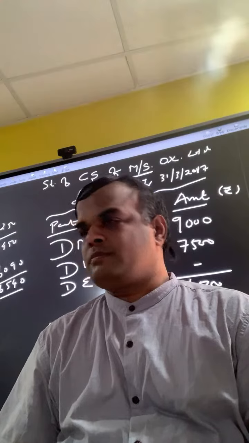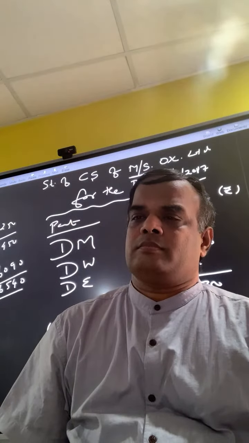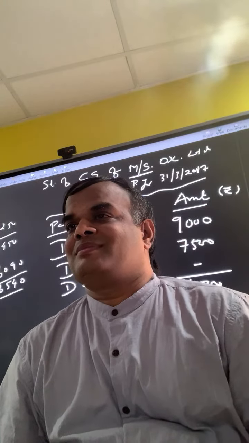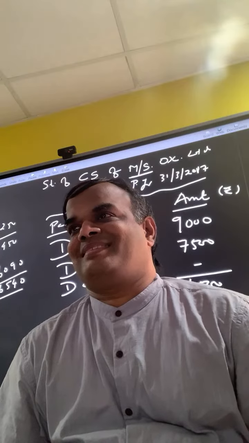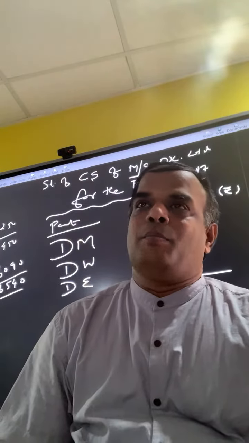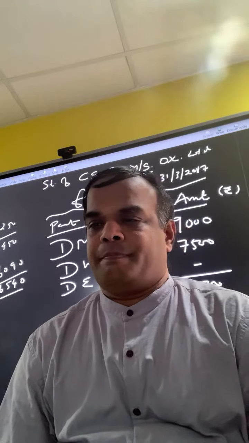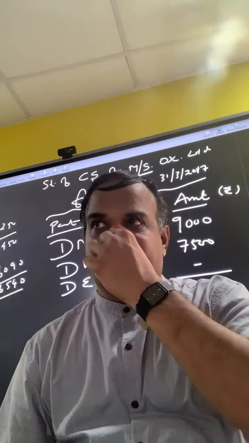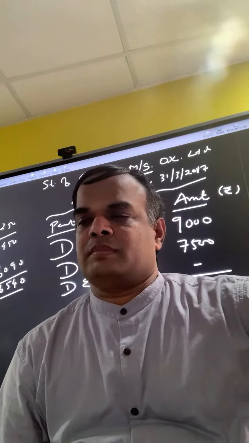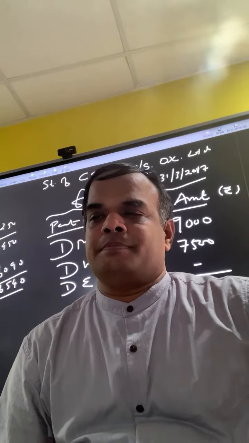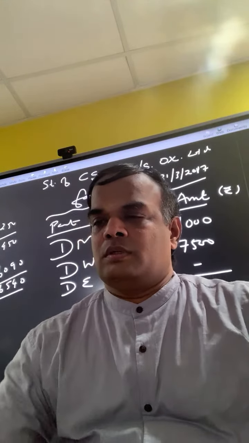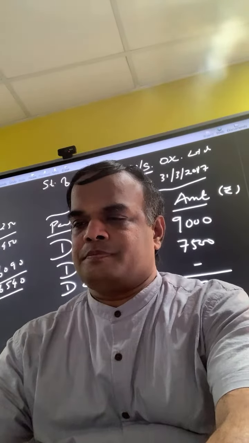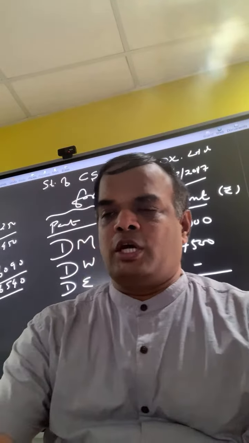Note it down. The books of Negative Income Company present the following data for the month of April.